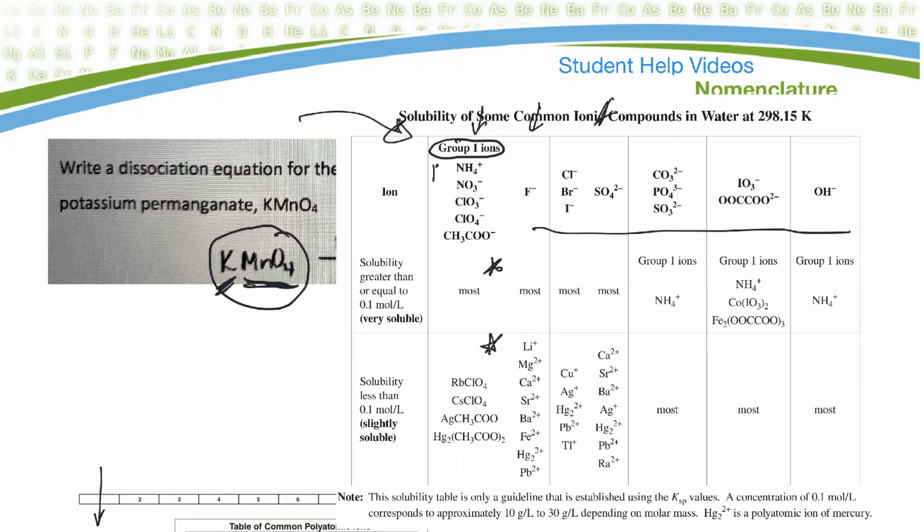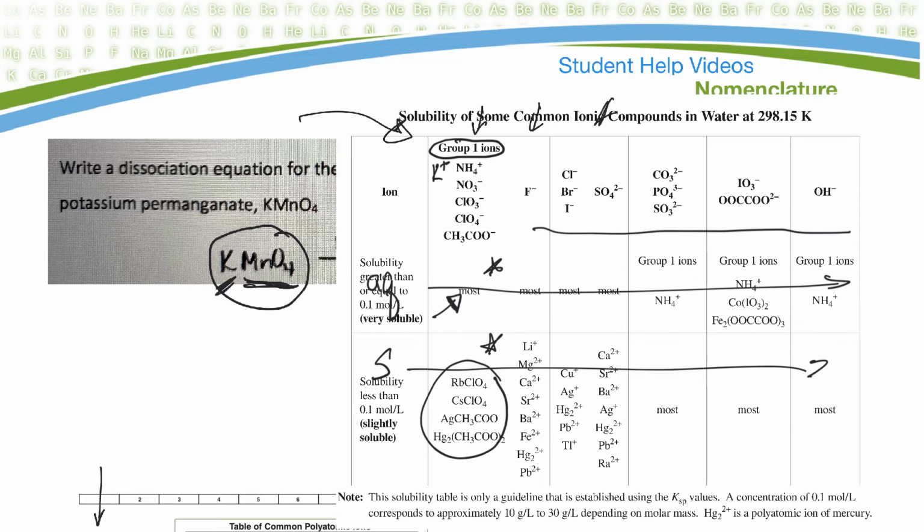So here potassium is a group 1, so I'm looking for permanganate. Since it's not here, it must be here. Therefore, and this one is the aqueous row. So anything along here is aqueous, and this one you would say it's a solid or would not dissociate. Okay, so this one will dissociate.